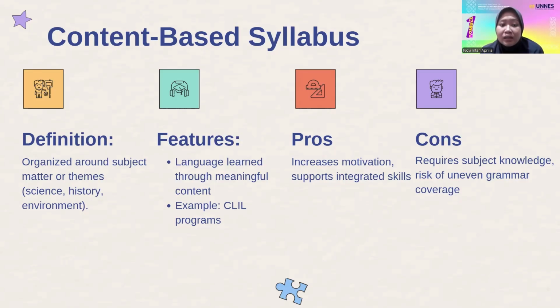Students might learn new vocabulary like pollution, recycle, or global warming while reading articles and having discussions about the topics. Instead of learning grammar tools in isolation, they use language to explore real issues, which makes learning more engaging and purposeful.